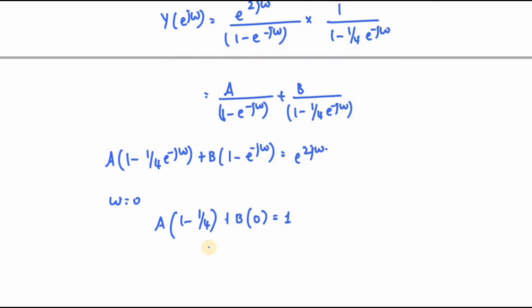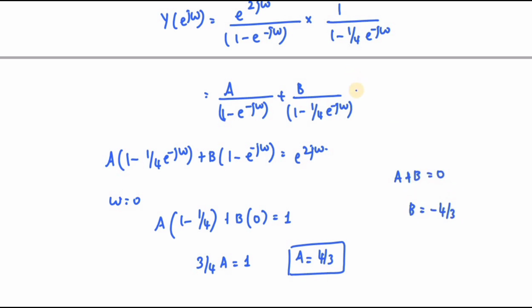So you will get 3 by 4 of A is equal to 1, so A is equal to 4 by 3. And if I equate the constant terms, I will get A plus B is equal to 0, so the B value is minus 4 by 3.